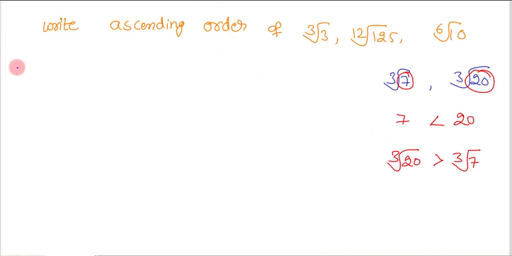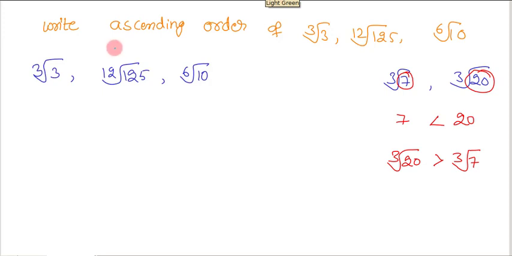But in our question we are given the cube root of 3, the 12th root of 125 and the 6th root of 10, and we need to arrange them in ascending order. To do that, we need to know which is greater and which is smaller, so we need to make them surds of the same order.